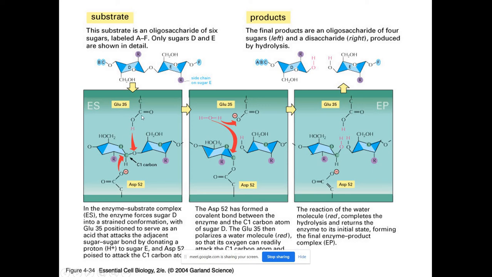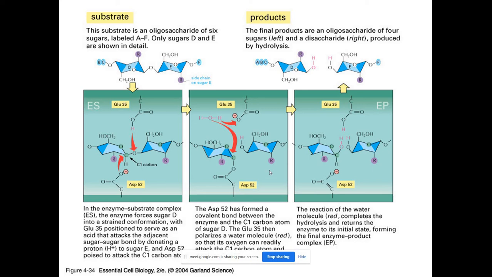So it is explained how the different amino acids interact with the sugar, and how the substrate is interacting with the protein. You can see the bond formation between the sugar and glutamic acid 35 and aspartic acid 52.